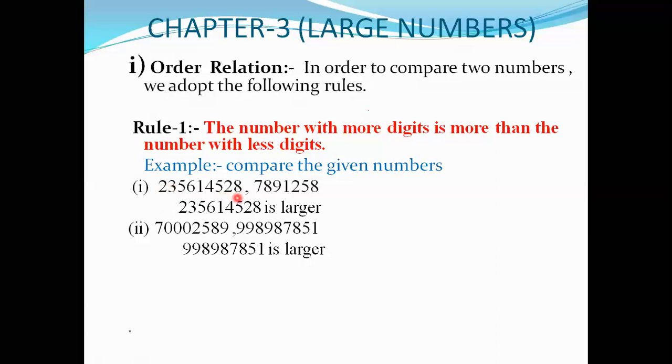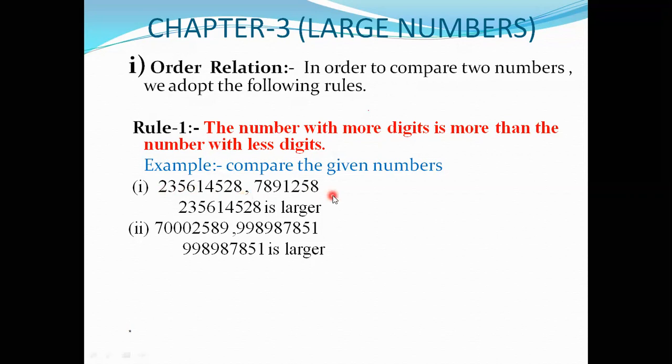Here is one number, and here is another number. Now count the digits. Firstly, we count the digits: 1, 2, 3, 4, 5, 6, 7, 8, and 9.